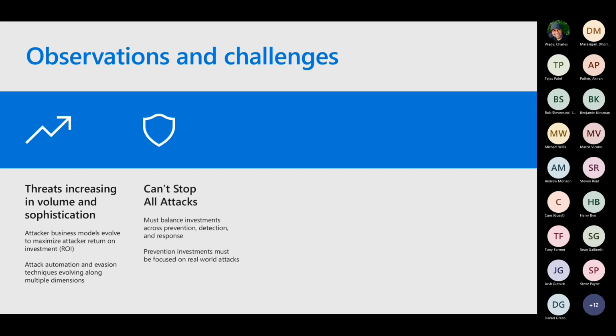Also, you cannot stop all attacks. Most of my partners have Microsoft 365 implemented, and I would say end users still get spam emails, they still get malware, they still get attachments which are not recognized. So it's not about stopping all the attacks, but about making sure you have enough technology and tools at hand to detect and respond to them in time.